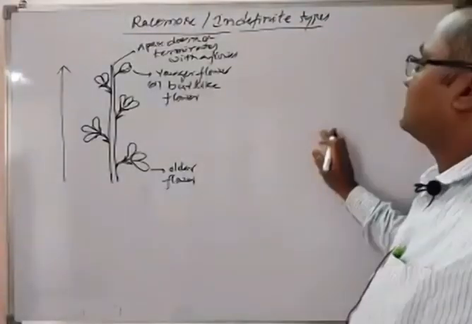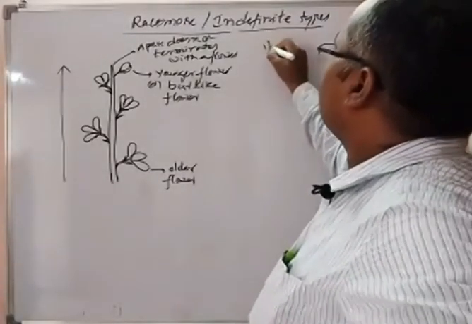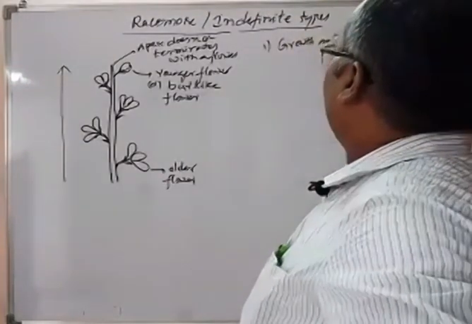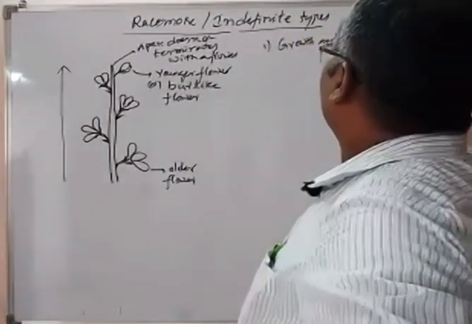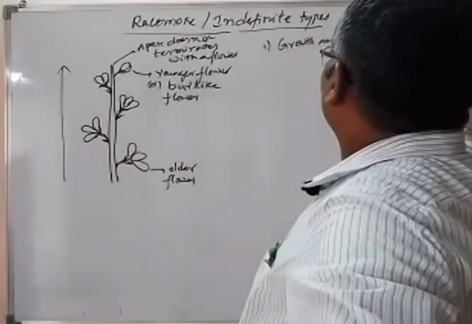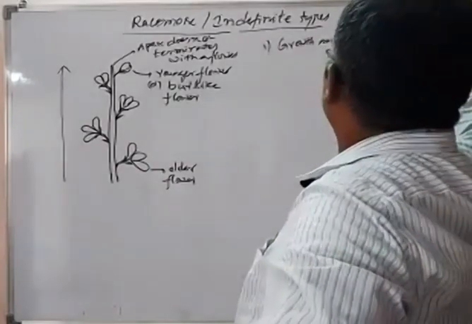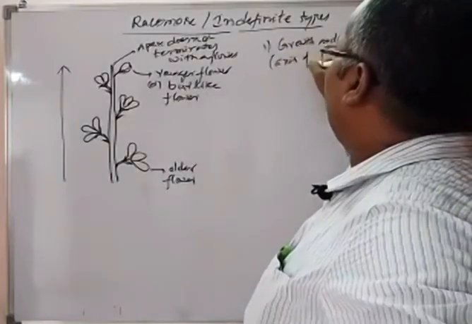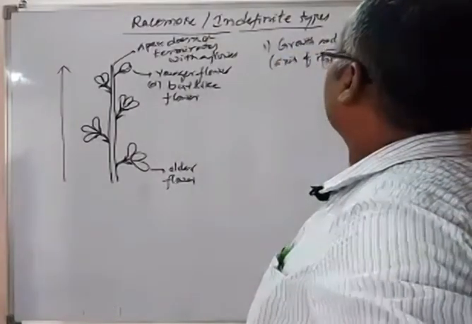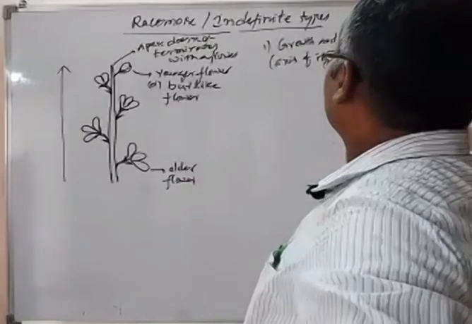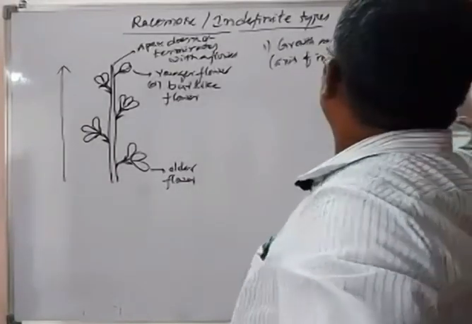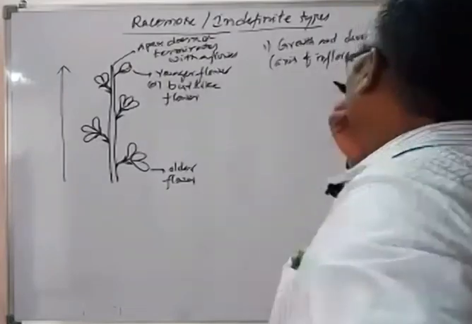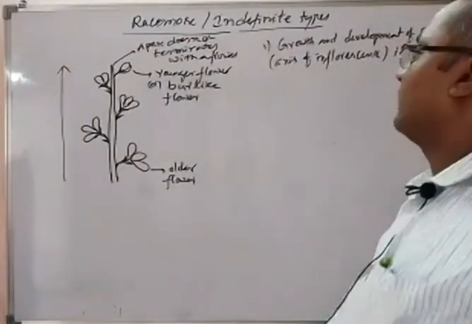So the first point I said: growth and development of the peduncle, meaning the axis of the inflorescence, is indefinite. How can you say?